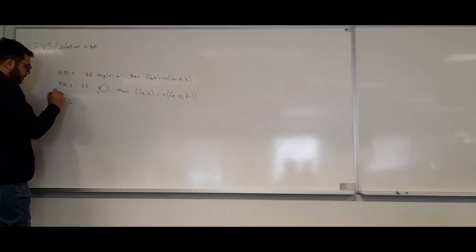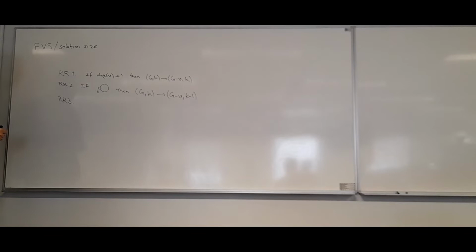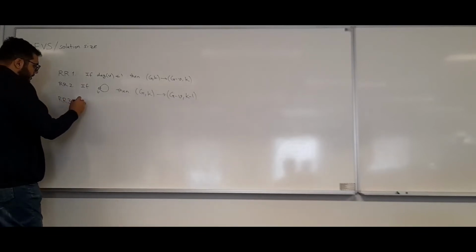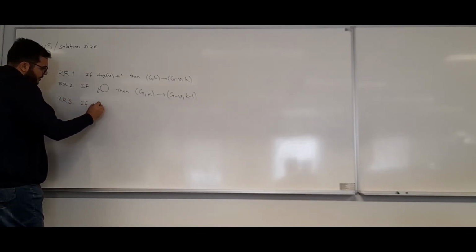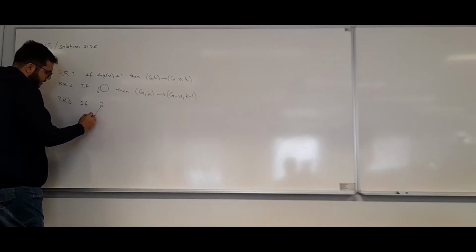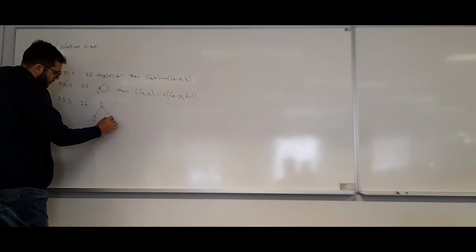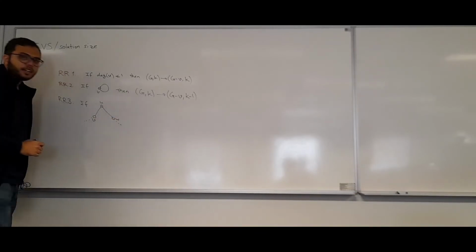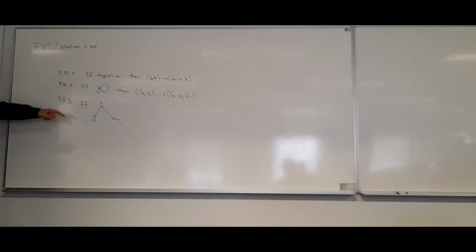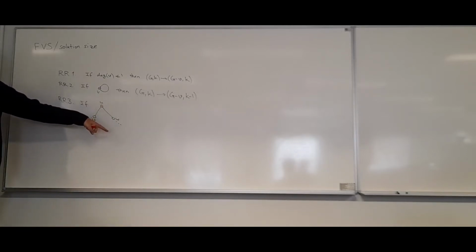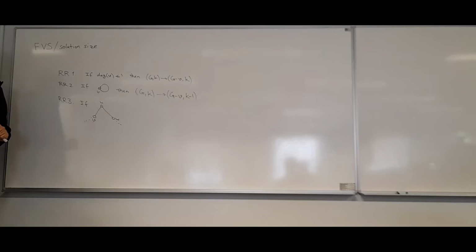Now, what if we had a vertex of degree 2? This was our third reduction rule. If I have some vertex U, and its only neighbors are V and W, then any cycle that goes through U has to go through both V and W. So I can just remove U and add a direct edge between V and W, because it never makes sense to put U into my solution.